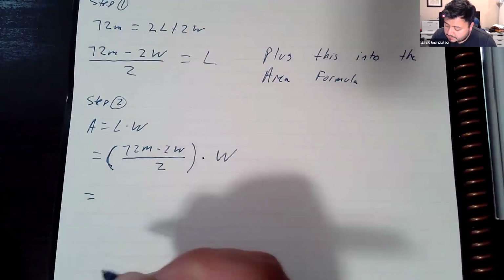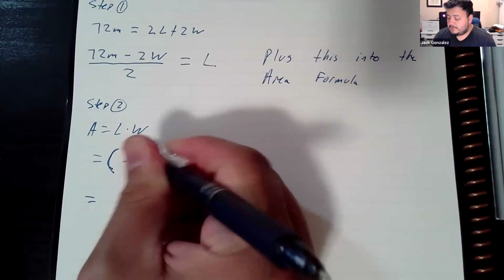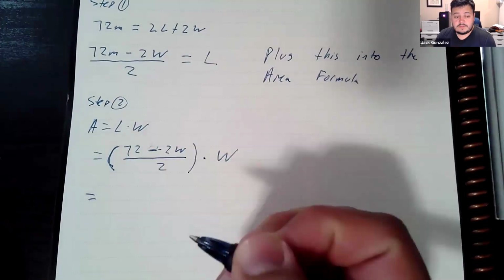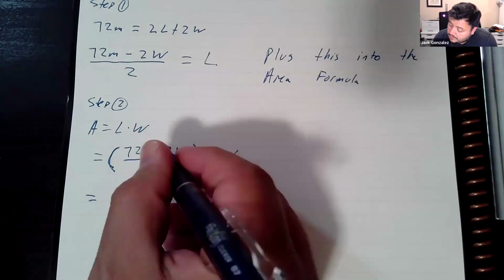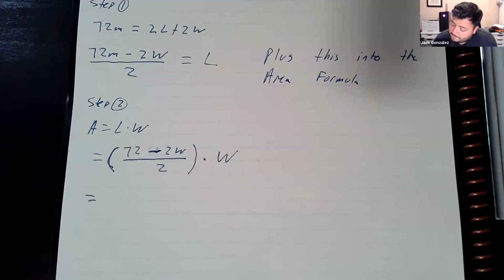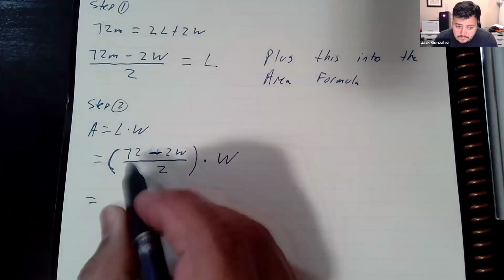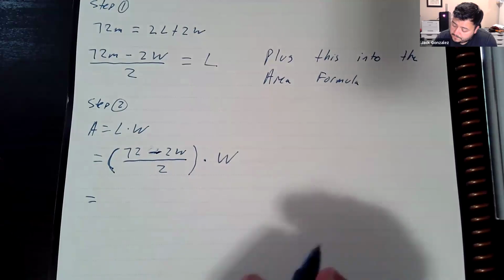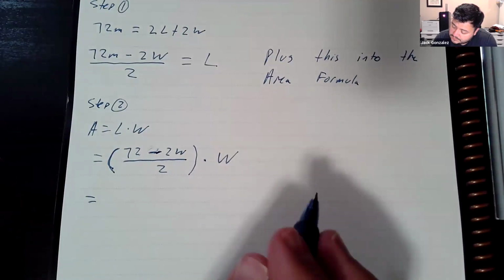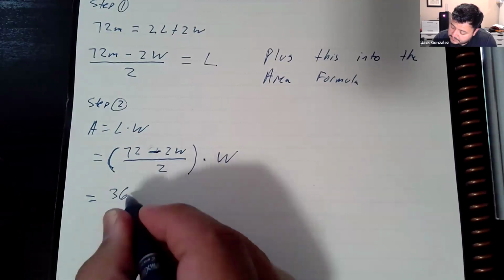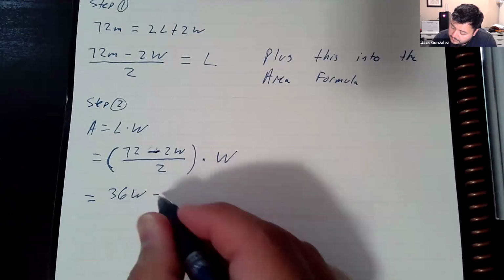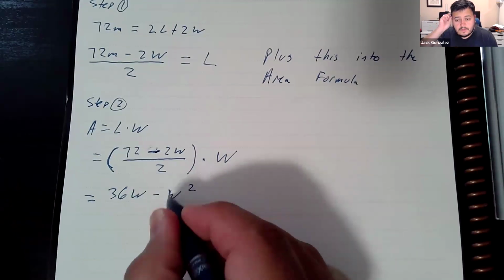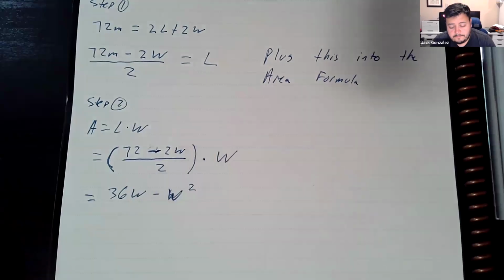You can if you want. Just remember everything's in meters. So distribute your W and divide by 2. That would give us 36W minus W squared if you do both at once. Is that okay so far?